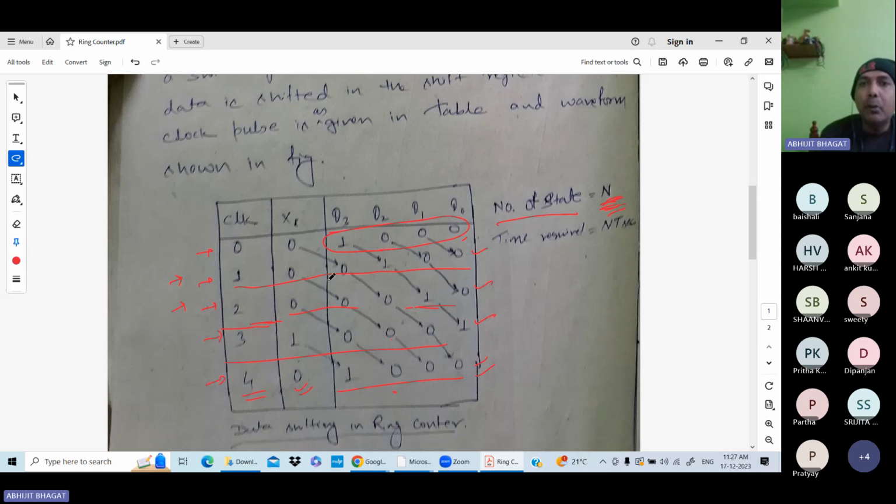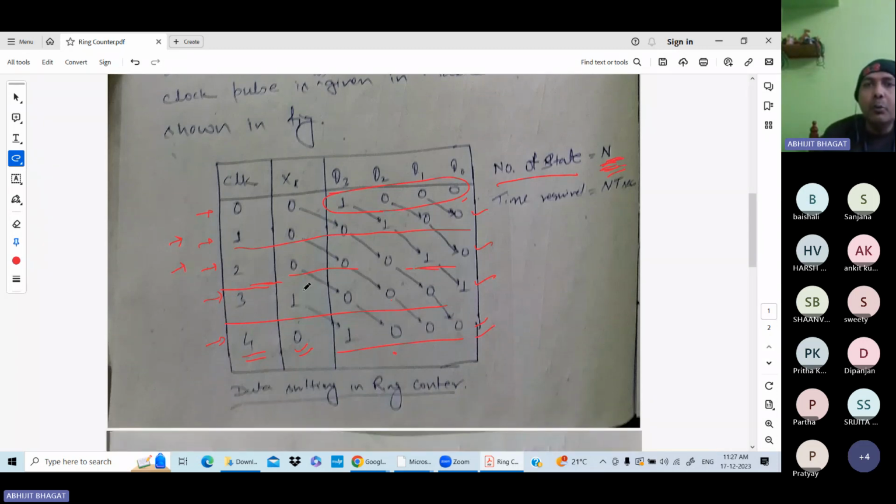Okay. Now suppose for this n count, for each and every count you need a clock pulse. So suppose one clock pulse requires t time, then the total time required for one cycle, one complete counting, is nt.